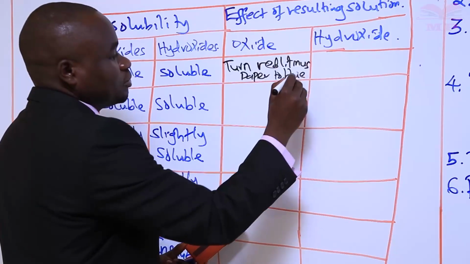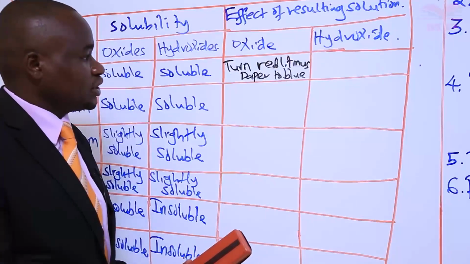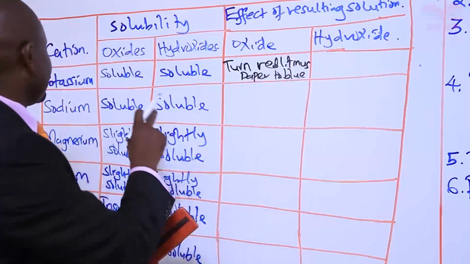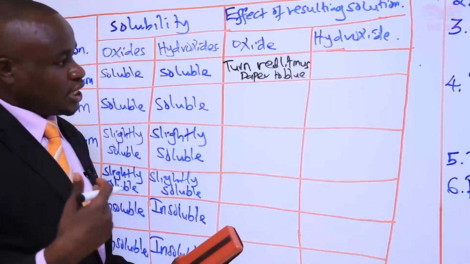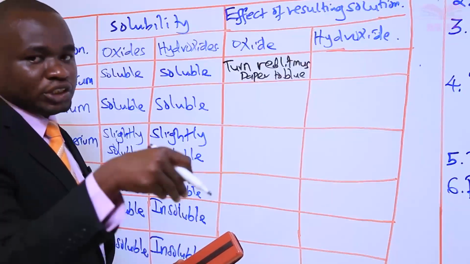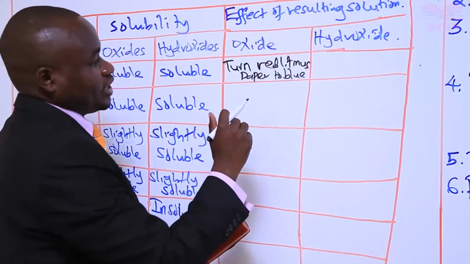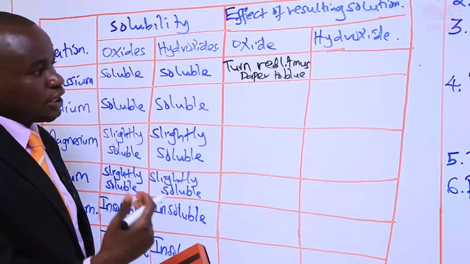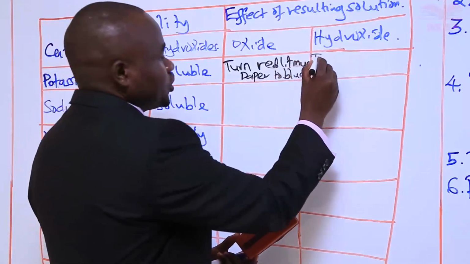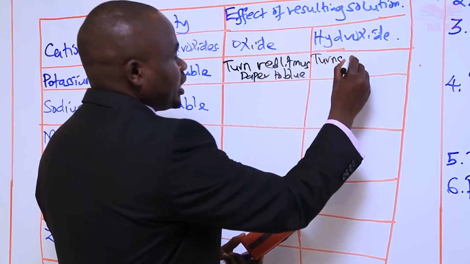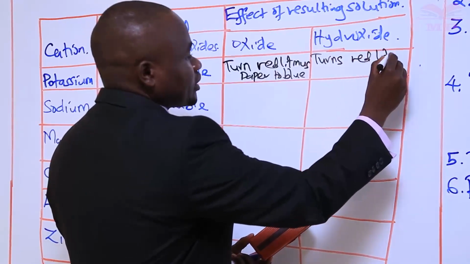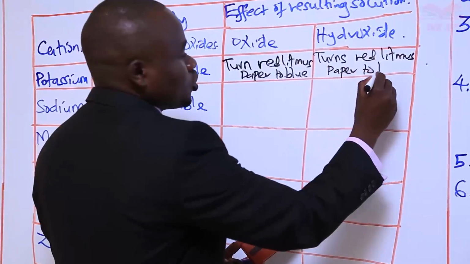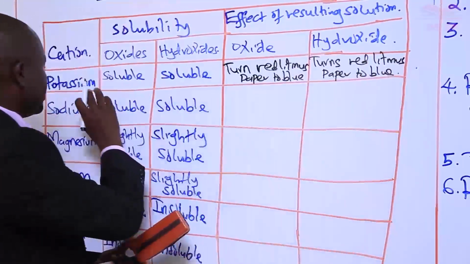The reason is because that solution is a basic solution. The same applies to potassium hydroxide, that if you test using litmus paper, the litmus paper will turn from red to blue, meaning the resulting solution is a basic solution. So the observation will be the same, that it turns red litmus paper to blue. That is potassium.